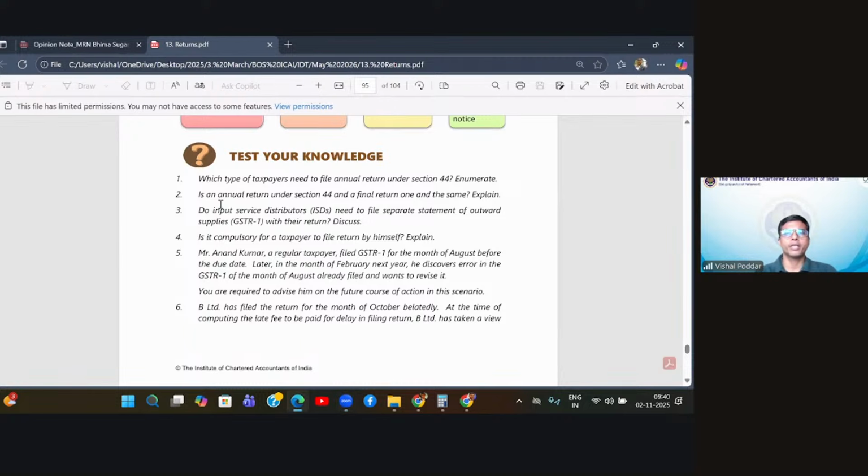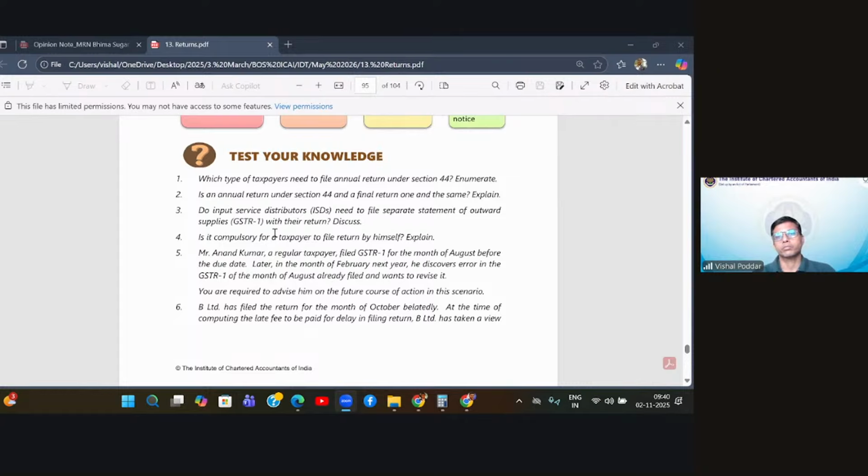So there is another difference: annual return would always be in the next financial year, whereas this GSTR 10 final return generally is in the same financial year when you are seeking the cancellation. Yes, next question.